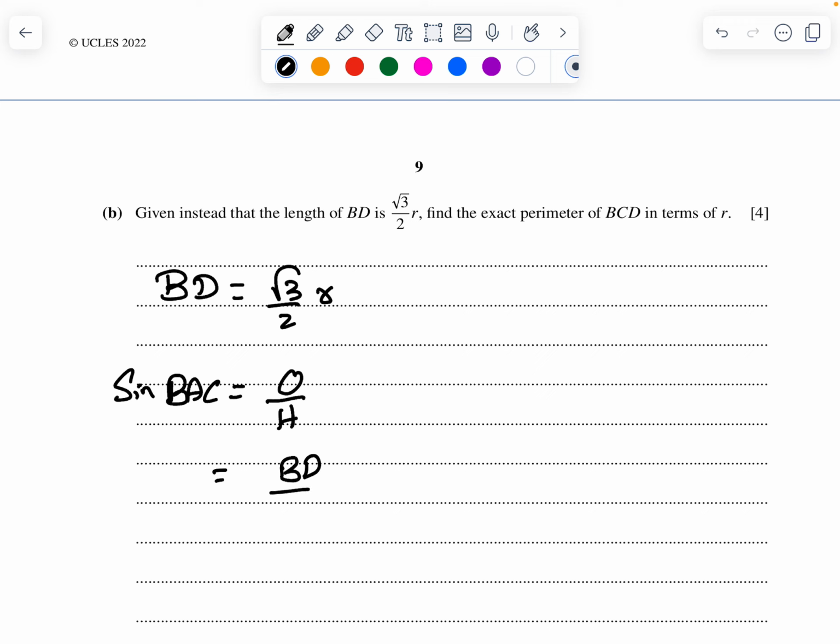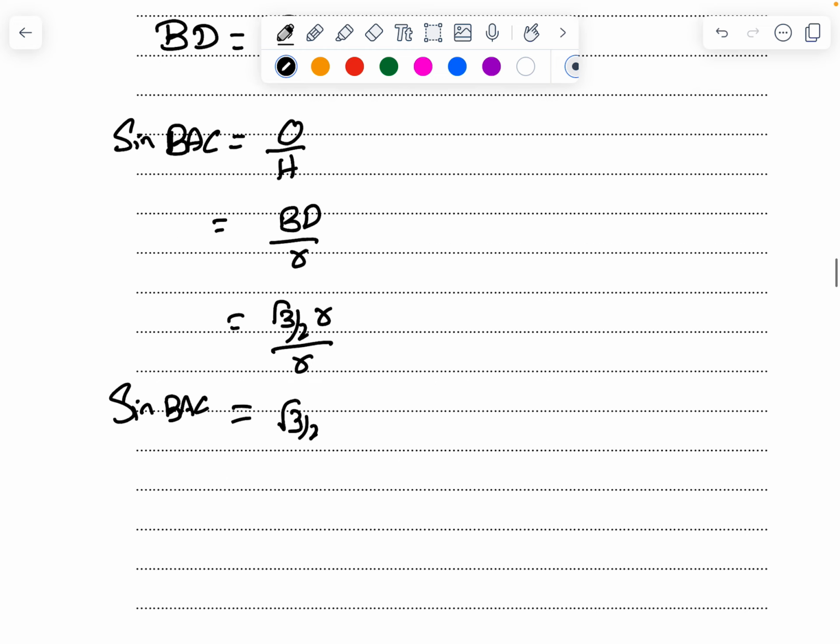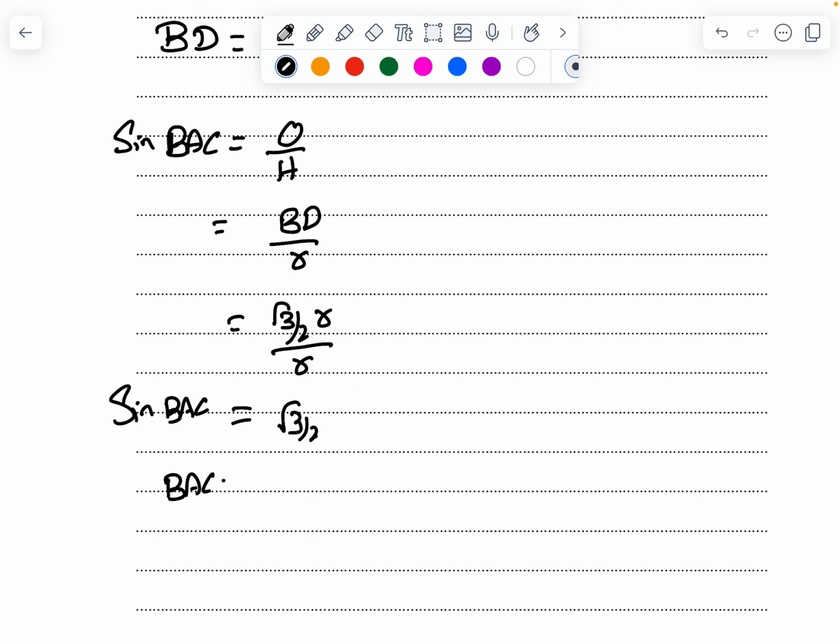Opposite side is BD, hypotenuse is R, so (√3/2 R) upon R. R and R cancel, giving √3/2. Sin BAC equals √3/2, so BAC equals sin⁻¹ of √3/2, which equals π/3.